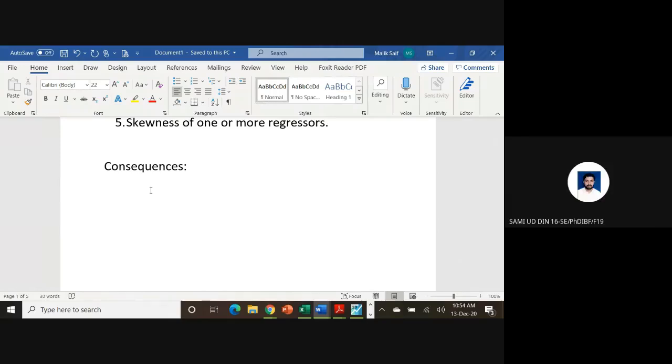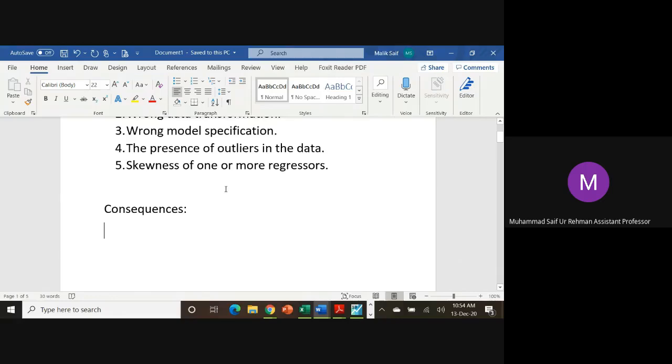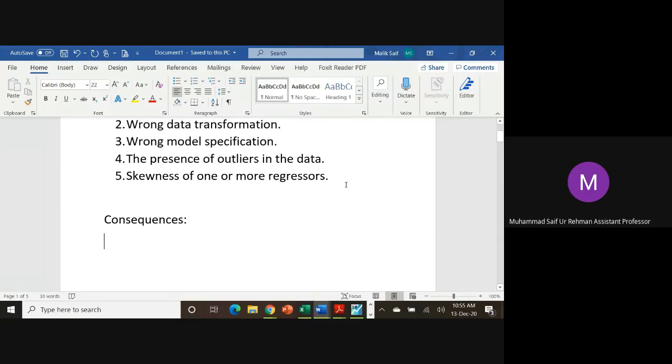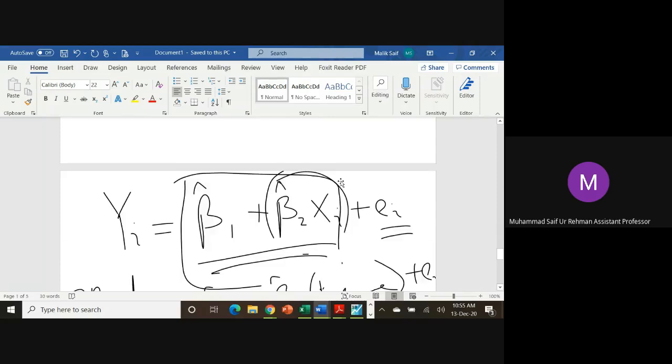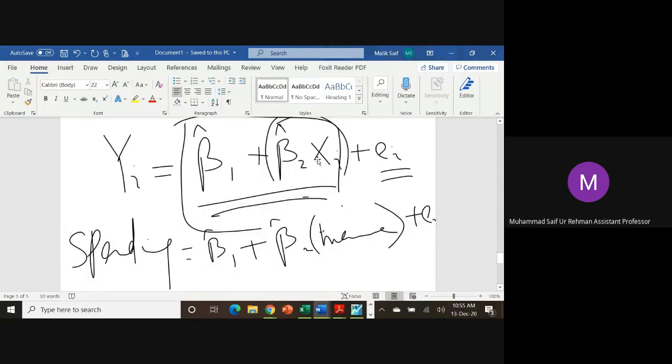Sir, please explain point 5 again: skewness of one or more regressors. Okay, so regressors, if there is only one regressor, definitely, let us say there will be an X series. If you see this simple regression model that I have written over here, only X is there. So definitely there will be some data against this series.